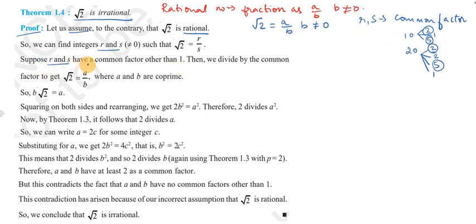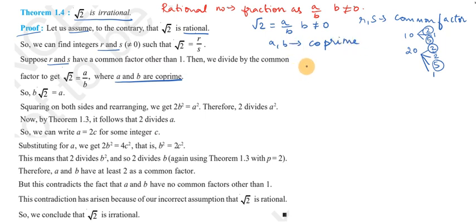Suppose r and s have a common factor other than 1, then we will divide by the common factor to get root 2 as a by b, where a and b are co-prime. So when we write root 2 as a fraction a by b, it need not necessarily be co-prime, but we divide by the common factor and bring it to a by b such that a and b are co-prime.